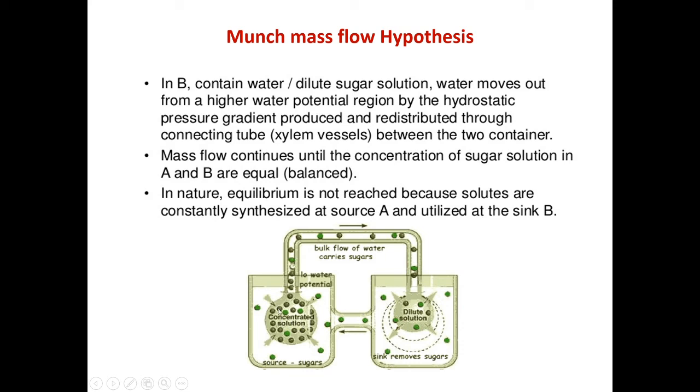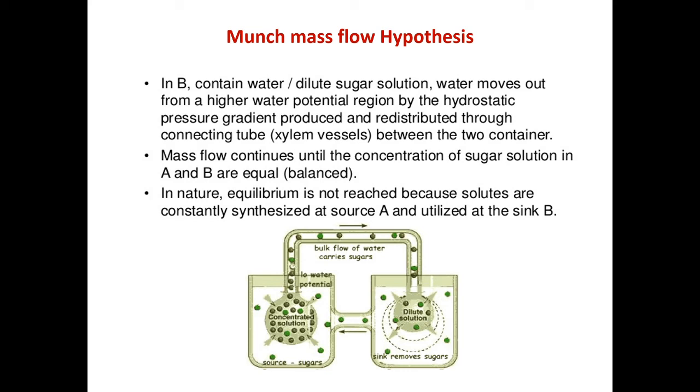So these glucose molecules, where they are present, we are calling it as source. So here the concentration of glucose is high. So there exists a water potential gradient. Outside in the beaker you find only water, but here inside you see the sugar solution, that is glucose is present in dissolved condition in the water at the source.